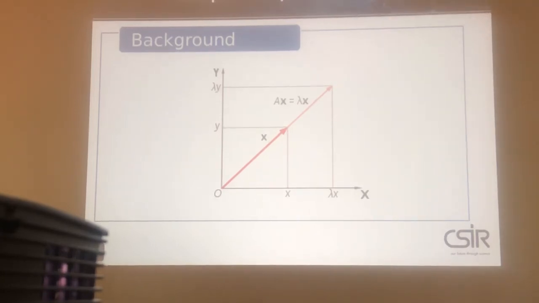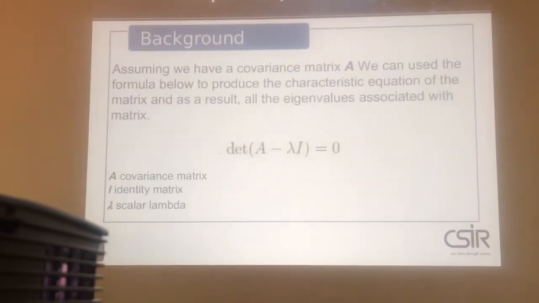Yes, it does. Okay, so to get your eigenvectors and eigenvalues, you just do normal linear algebra for those who've done it before. Just that formula over there: the determinant of A minus lambda times the identity matrix equals 0. Okay? And then you'll get your eigenvectors and eigenvalues.